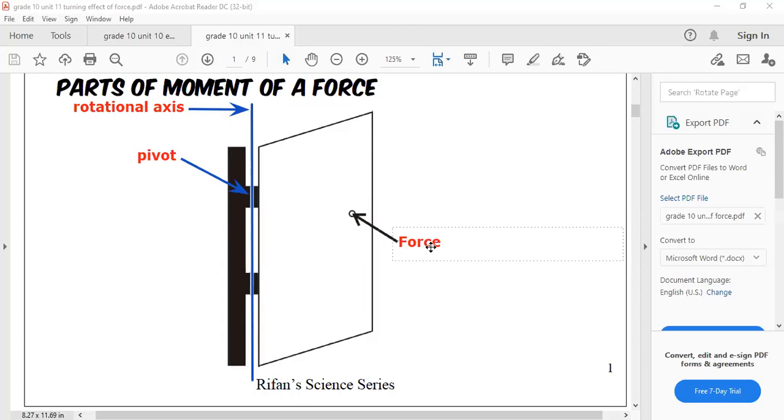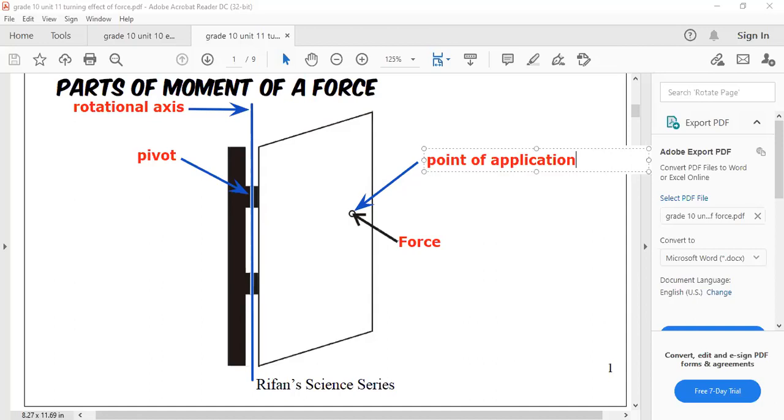In this picture, you can see here we apply the force. The place on which you apply the force is called point of application. This point of application, the word you are already familiar with from your grade 9.